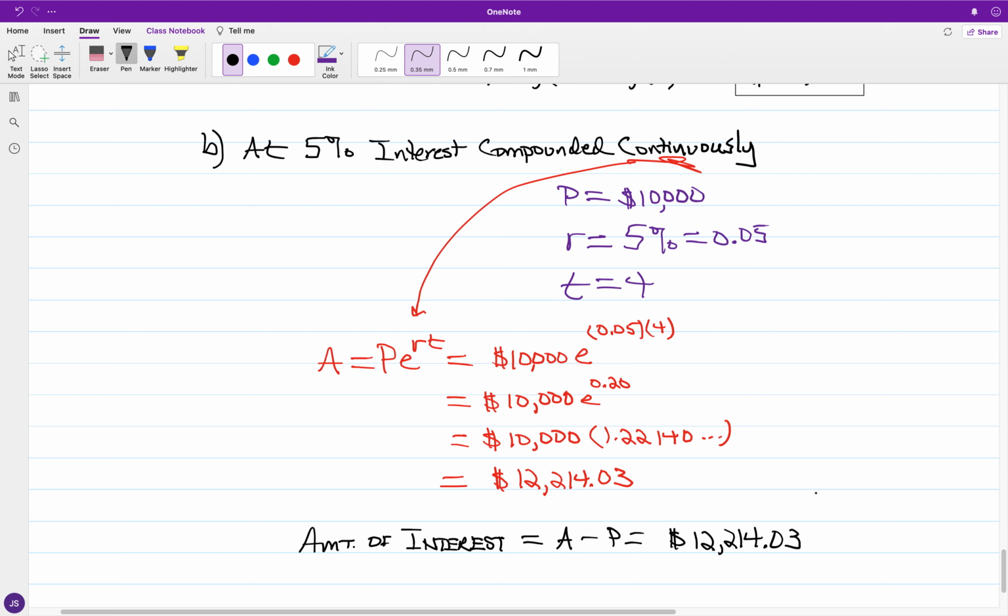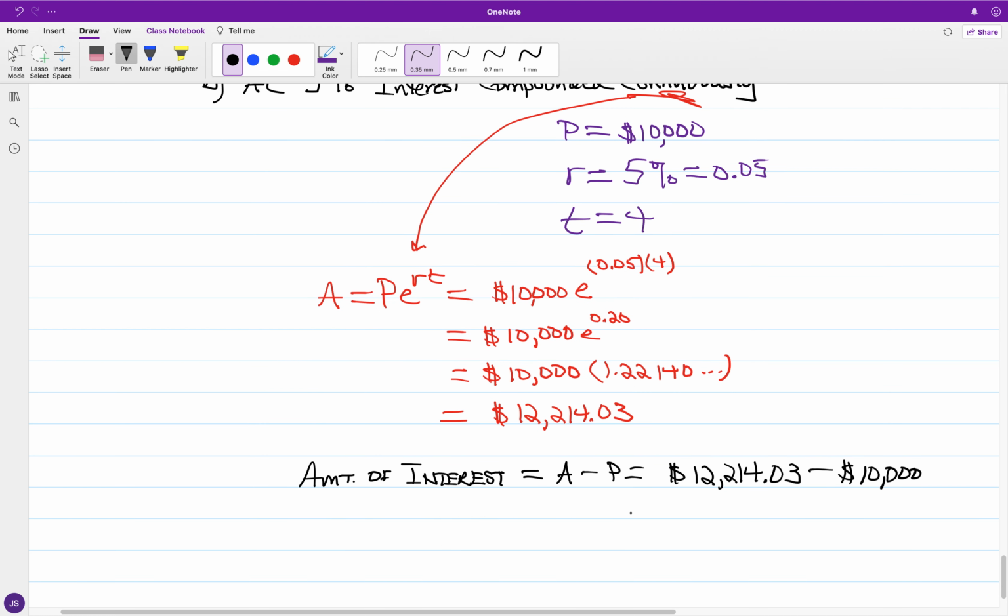So we have $12,214.03 minus $10,000. So the amount of interest with this deal is going to be $2,214.03.